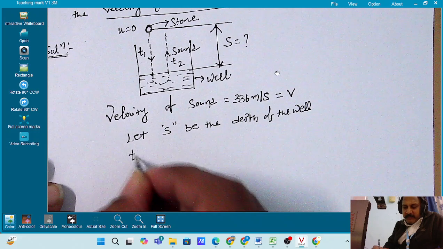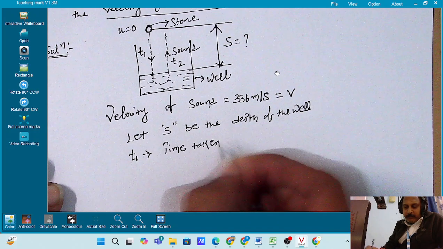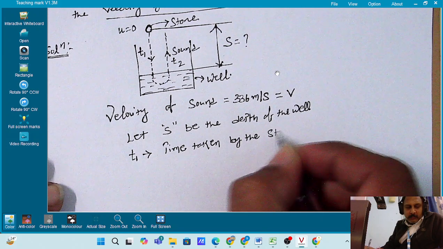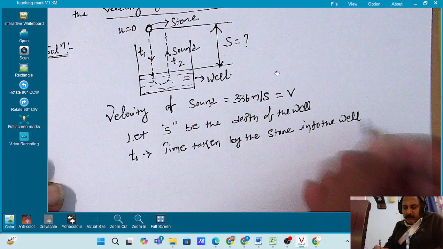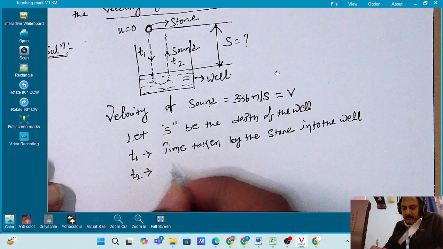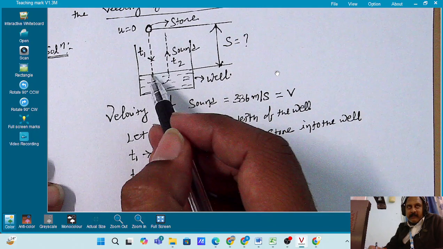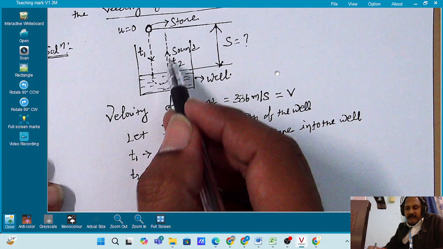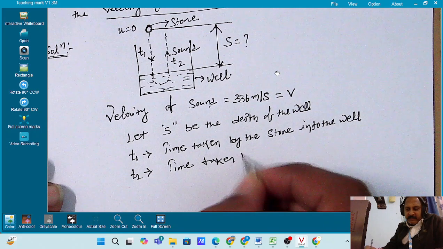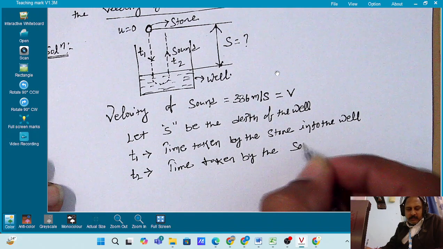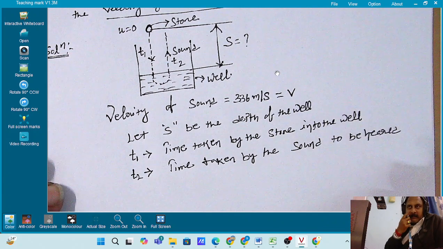As already said, T1 is the time taken by the stone in the well, going in the downward direction as shown by the arrow mark, and T2 is the time taken by the sound, which is going in the upward direction, to be heard.